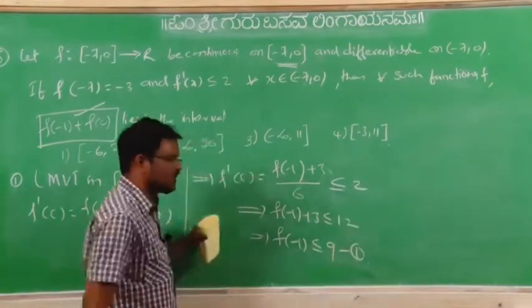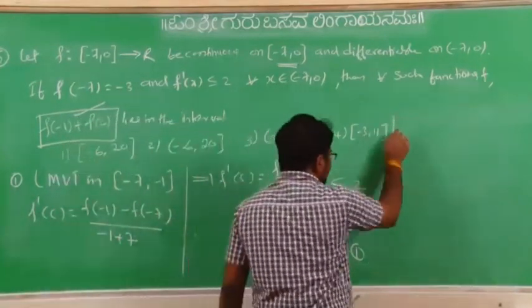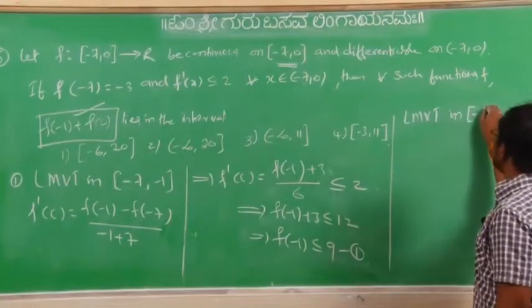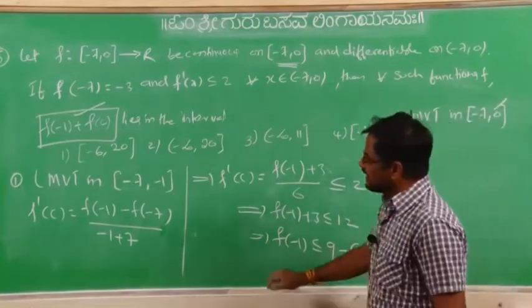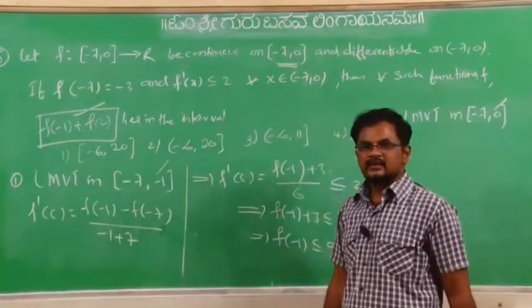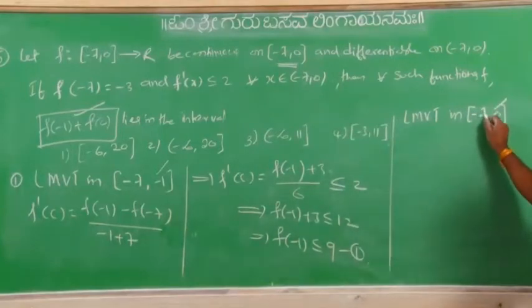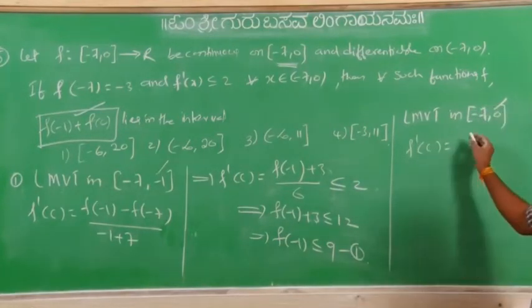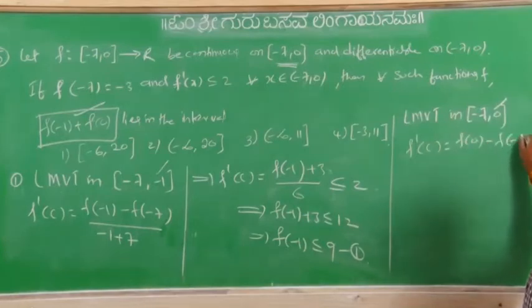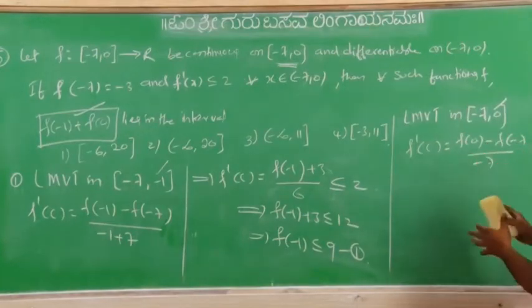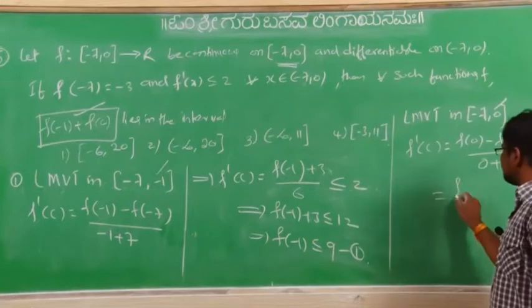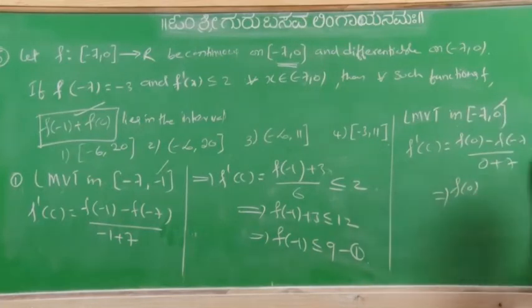Take this as equation number 1. Next, second one, apply Lagrange's mean value theorem in the interval -7 to 0, because here 0 is getting, here -1 is getting, so that's it. So Lagrange's mean value theorem between -7 and 0: f'(c) equal to f(0) minus f(-7) divided by 0 minus of -7, that is equal to f(0) plus 3 divided by 7.